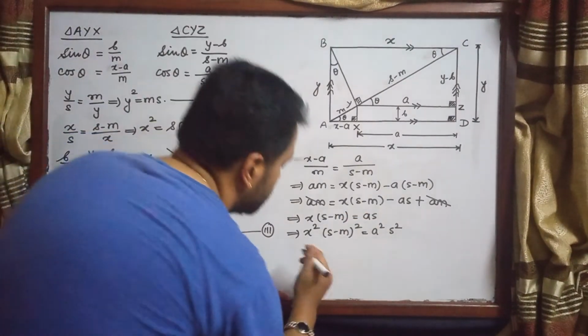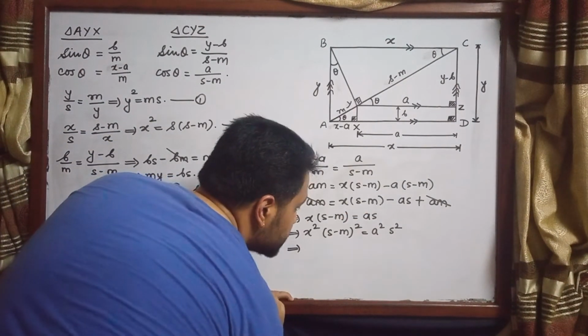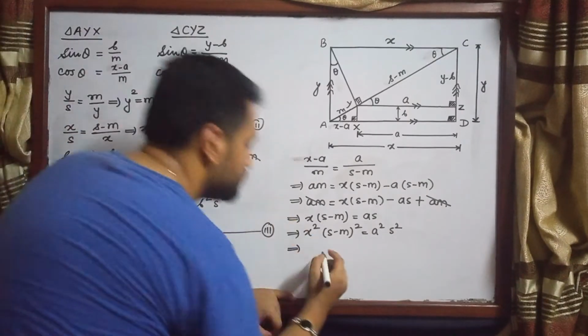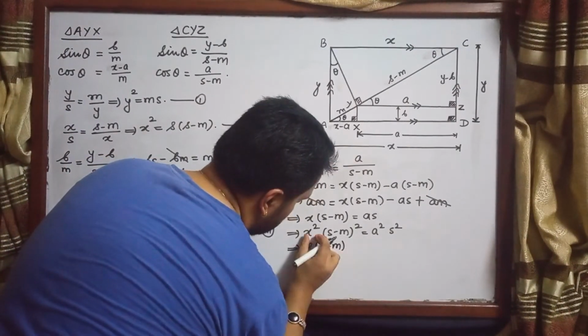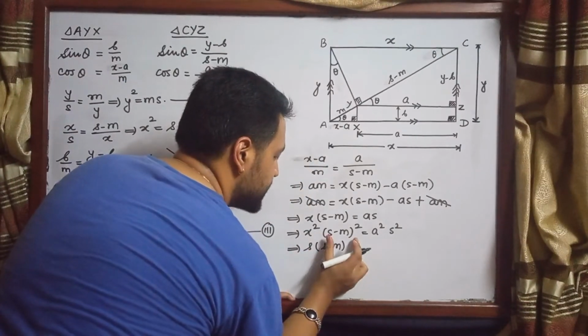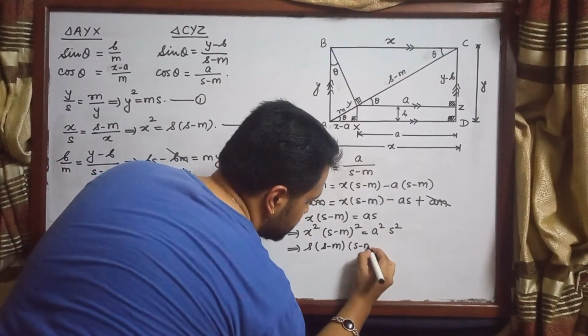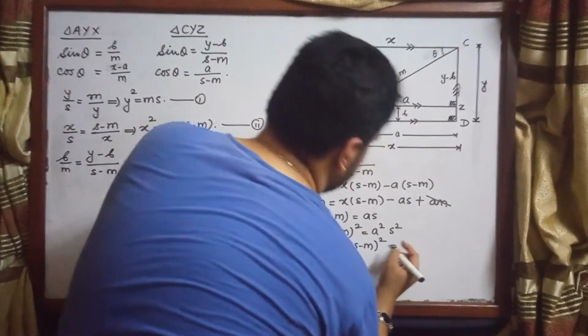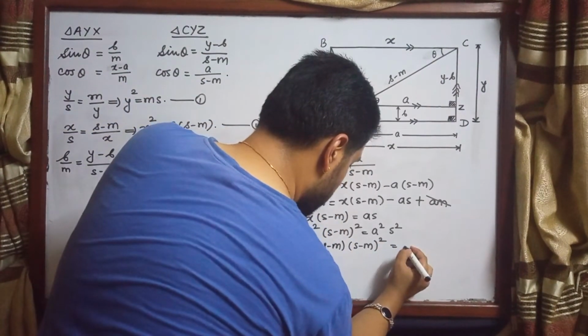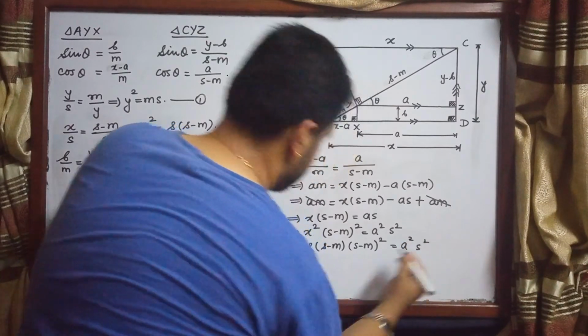All right. Okay, now let's see, we can use this value, x squared is equal to s times s minus m, and this s minus m remains as it is, and we're going to get a squared s squared as it is.